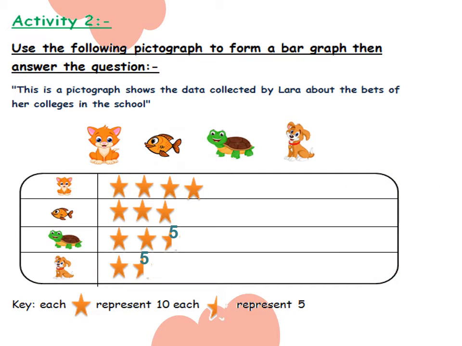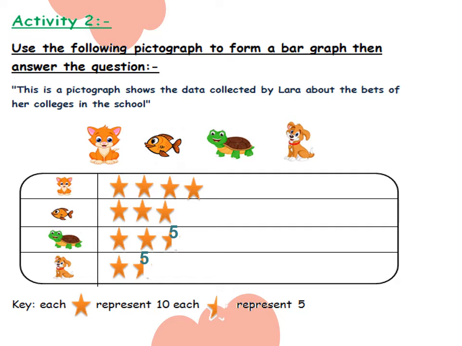Activity number 2. Use the following pictograph to form a paragraph, then answer the question. This is a pictograph that shows the data collected by Lara about the pets of her colleagues in the school. So we will know here how many students like cat, turtle, fish and dog.